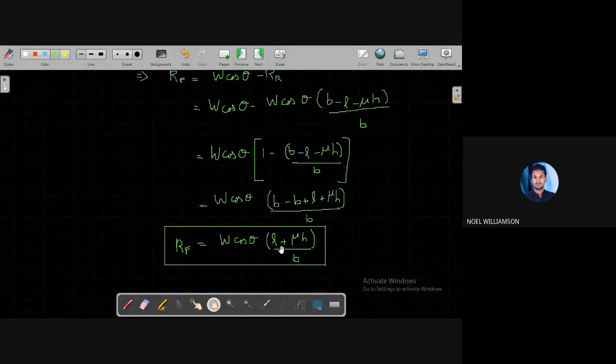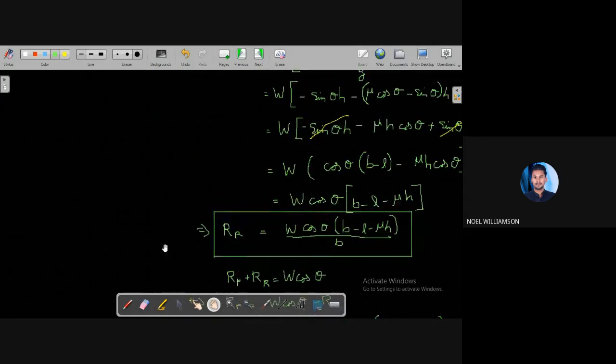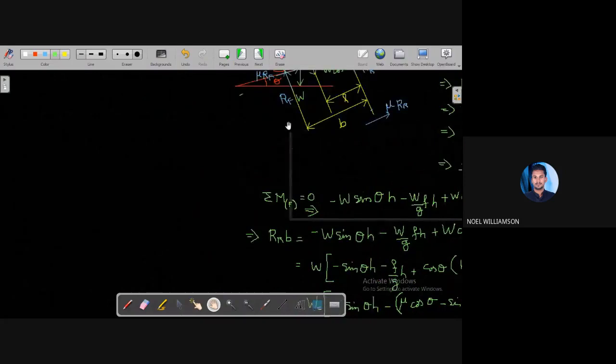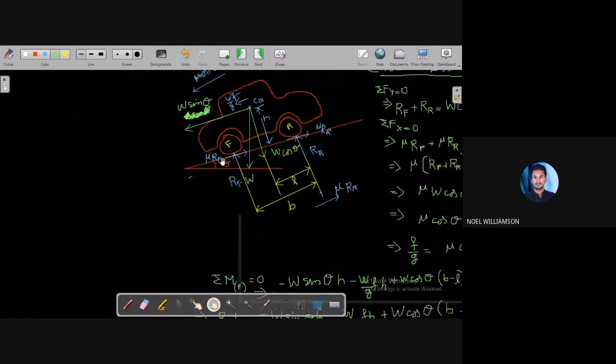In these cases, if the vehicle is moving on a level road, that means the angle of inclination is 0, that is theta equal to 0. So we will use theta as 0, and all sin theta will become 0 and cos theta will become 1.